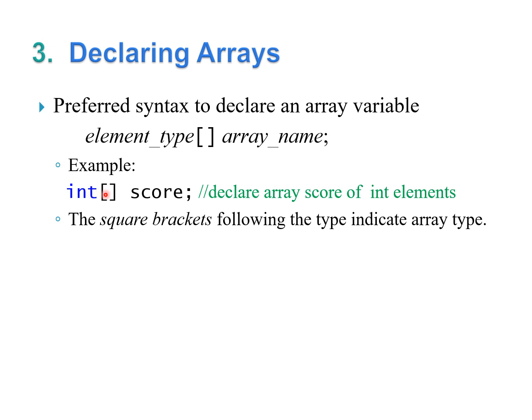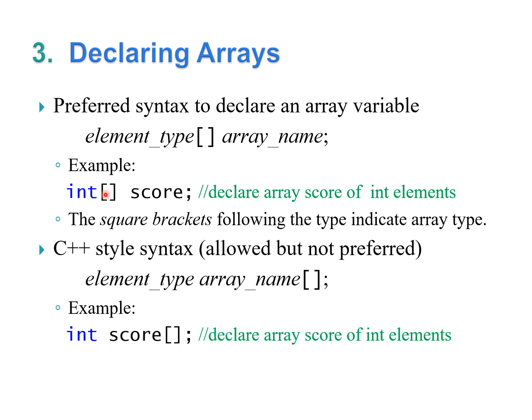Java also allows the C++ style syntax to declare an array variable, which places the square brackets after the array name instead of the type. This is the syntax used in the C and C++ programming languages.